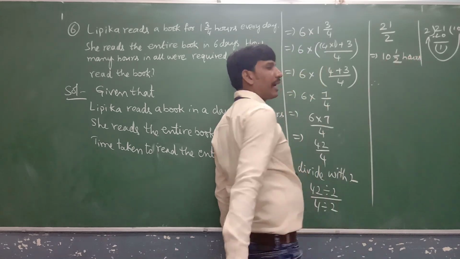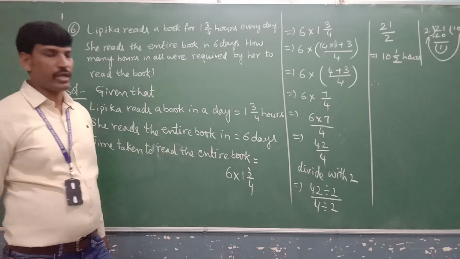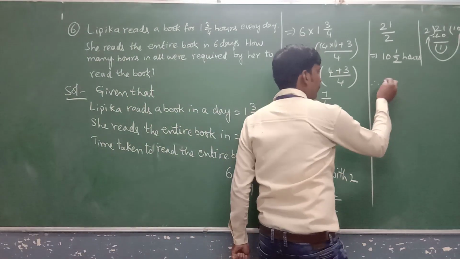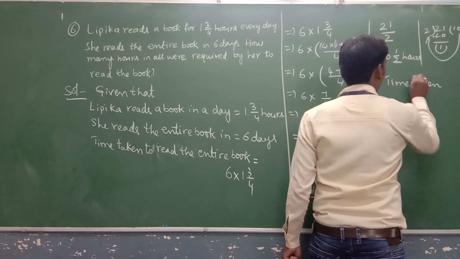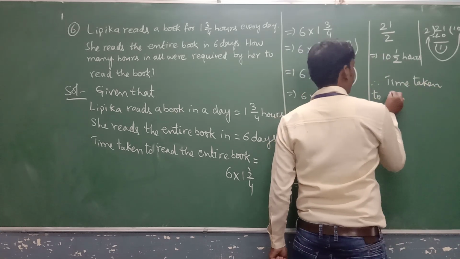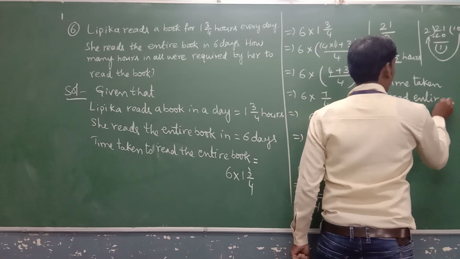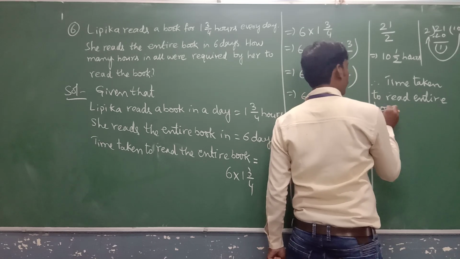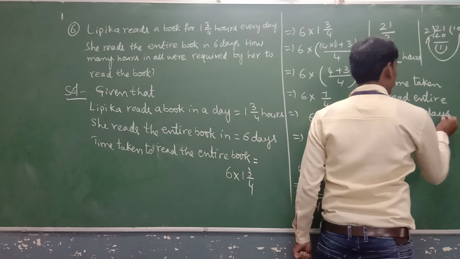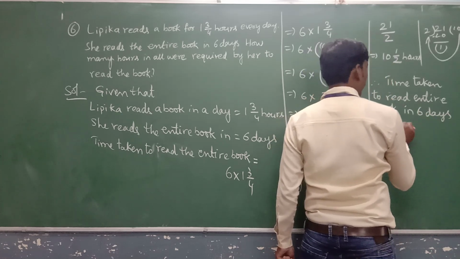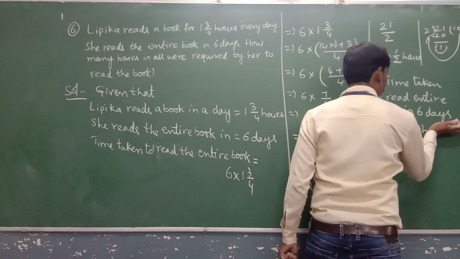This is the total time she took to read the entire book in 6 days. So therefore, time taken to read the entire book in 6 days is equal to 10 1/2 hours. I hope you understood this.